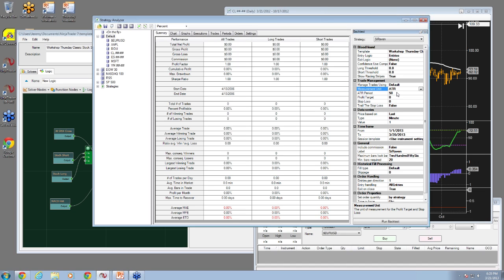And what ATRs are, the ATR indicator is called the average true range, and really simply, it's basically the size of the average bar. So for example, if I put 5 here and I put 5 here, I'm telling BloodHound, or I'm telling Raven, I want my profit target and my stop loss to be five average length bars.